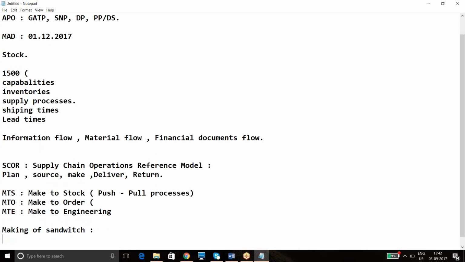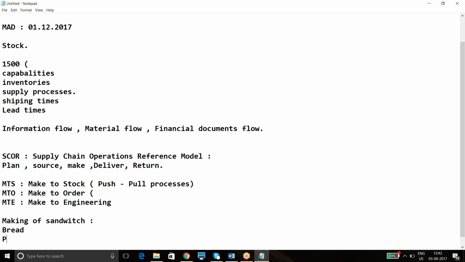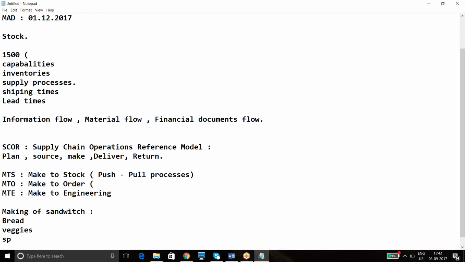Can you please tell me what the required ingredients are, Sailesh? Bread, vegetables, all those things.